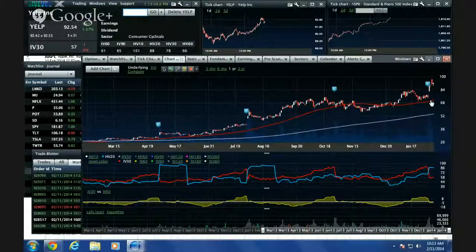So I feel like a lot of the good news is in, and maybe Yelp is going to hang out here in the $90 range for a while, for at least a month. So I wanted to take advantage of it by selling some premium and buying some back month, because in a month or so, my hope is maybe the volatility starts going up again.